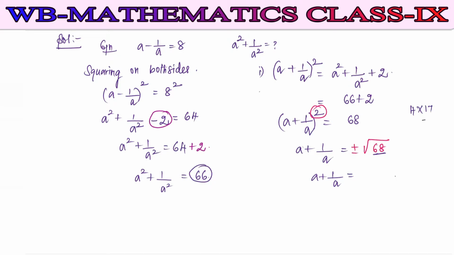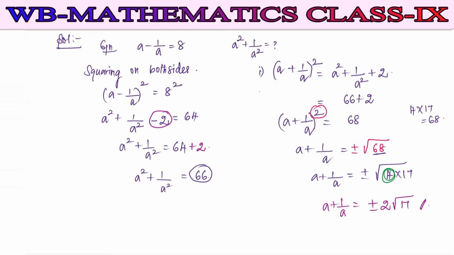So I am going to write plus or minus root of 4 into 17. This 4 I can bring out because it is a square number. a plus 1 by a is equal to plus or minus 2 into root 17. So this is the final answer.